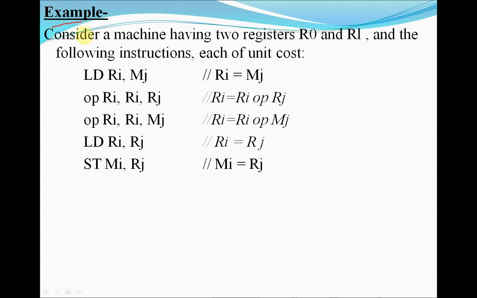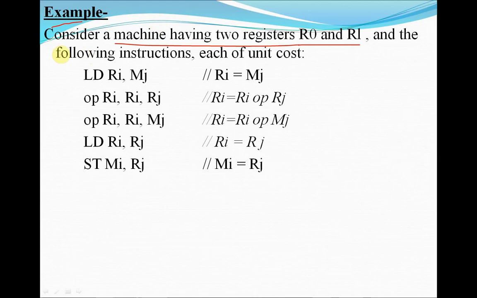We'll take an example. Consider a machine having 2 registers R0 and R1. Actually dynamic programming says that we have to find all possible solutions. If I take a high register number, I could observe more options, and it will be difficult. So for the sake of simplification, I have taken only 2 registers R0 and R1.